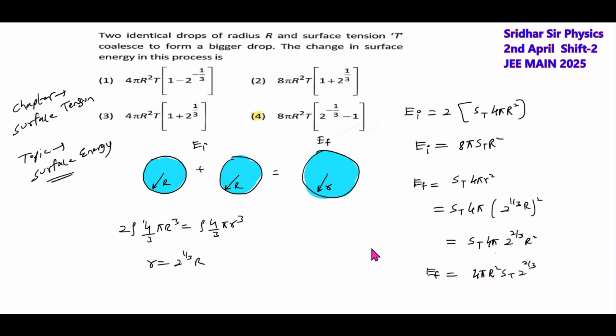The question is asking the change in surface energy in the process, so you have to take the difference of these two. So delta E equal to EI minus EF.